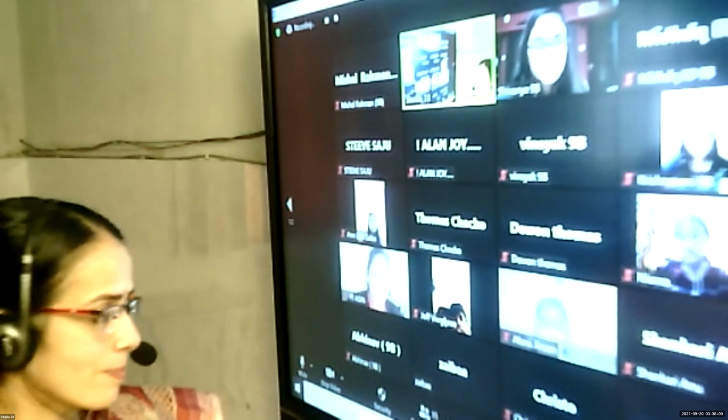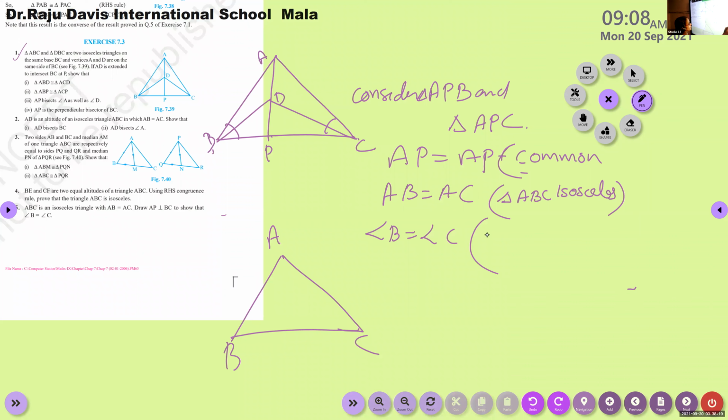Okay, so angle B equal to angle C. The reason is angles opposite to equal sides are equal. So two sides and the included angle, AB, AP, including angle B, are equal.